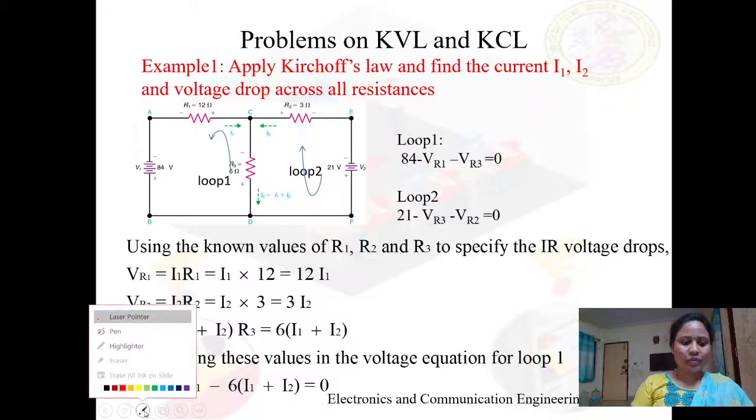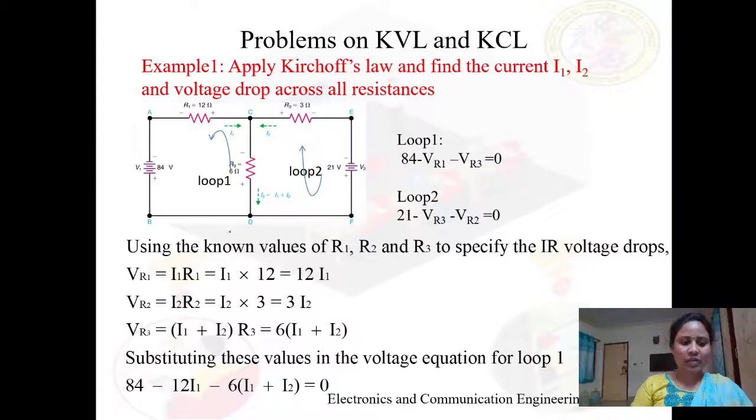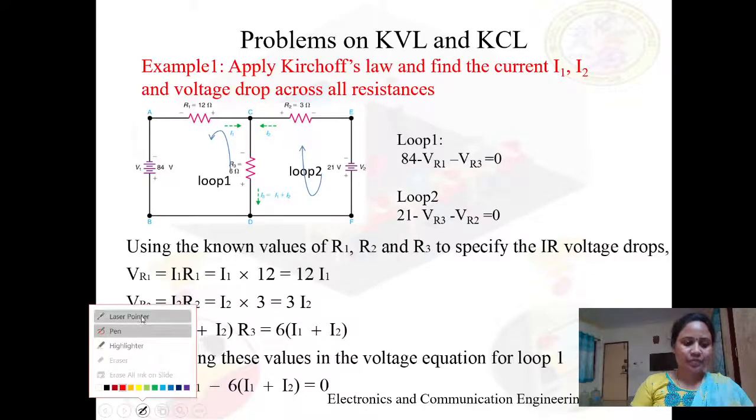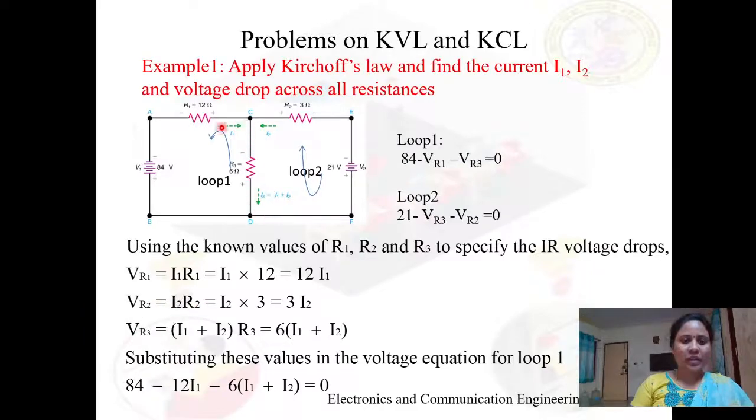Now we will see how KVL can be applied for the first loop, that is taking loop 1: D, C, A and B. I repeat, D, C, A and B.